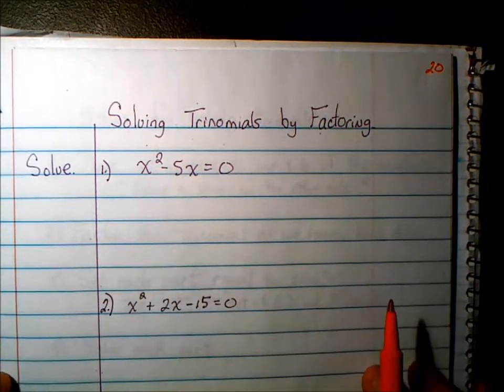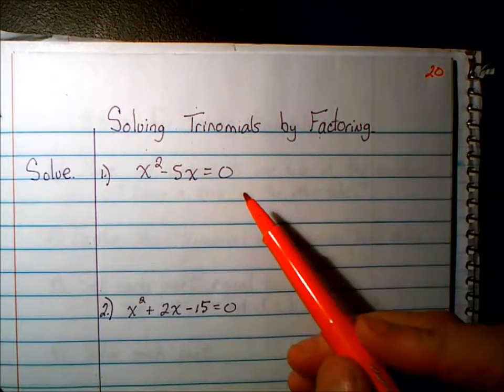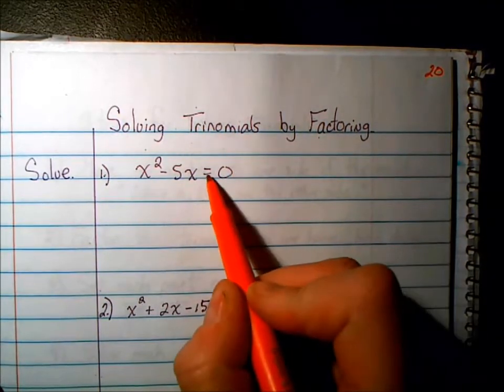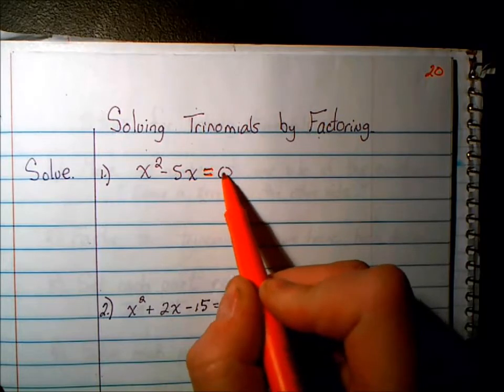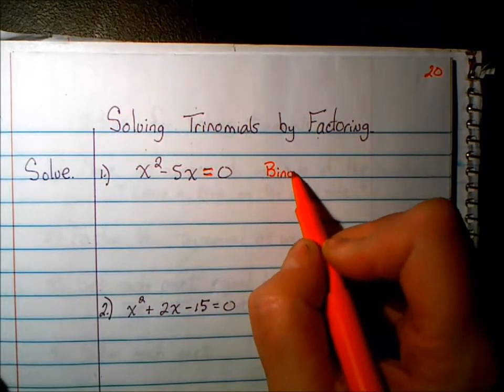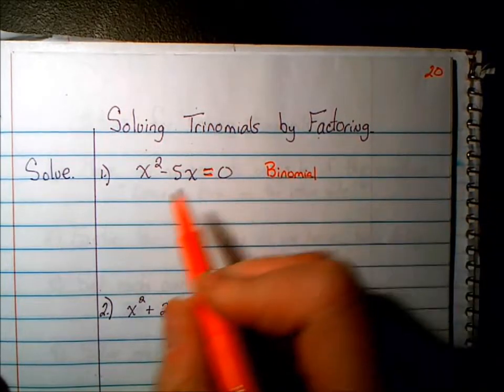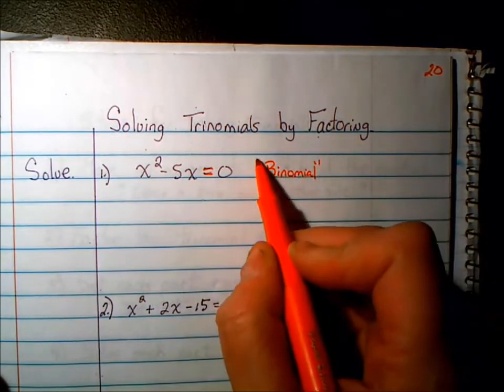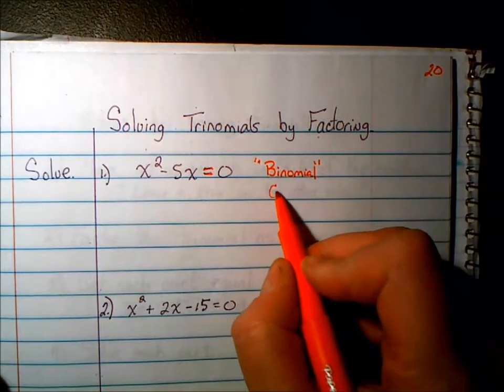First example, notice the first thing is to make sure our equations are equal to 0. Then this is just a binomial, and that means I can't use factoring like we've done before, so we just look for a GCF.